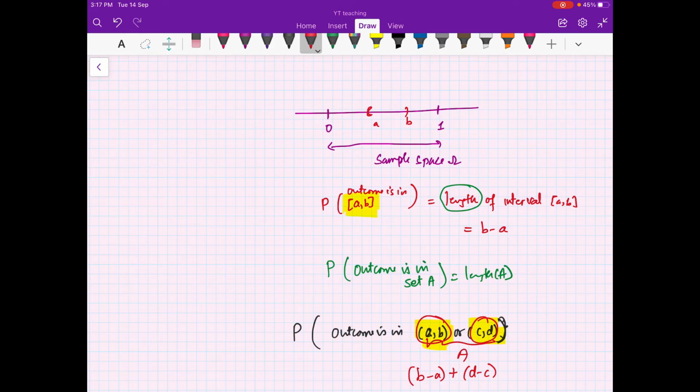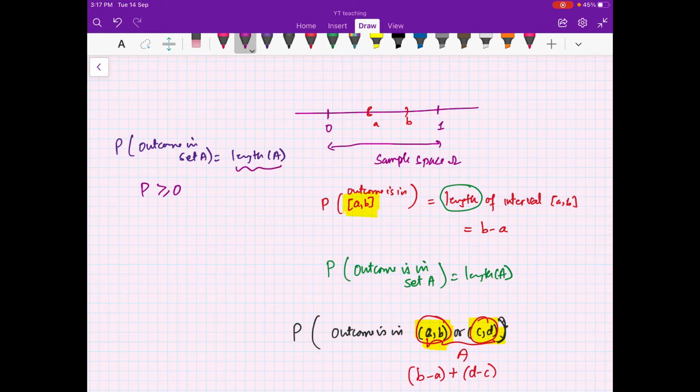So we are saying that the probability of the outcome in set A is equal to the length of set A. Then obviously the probability is greater than or equal to 0, because length is greater than or equal to 0.